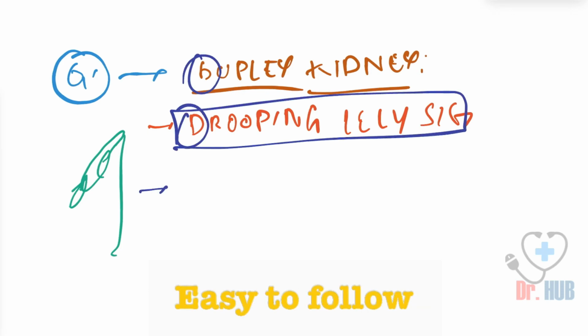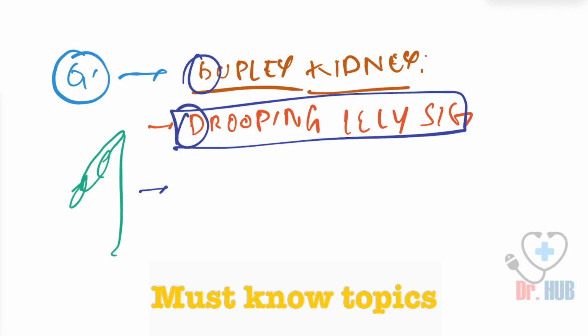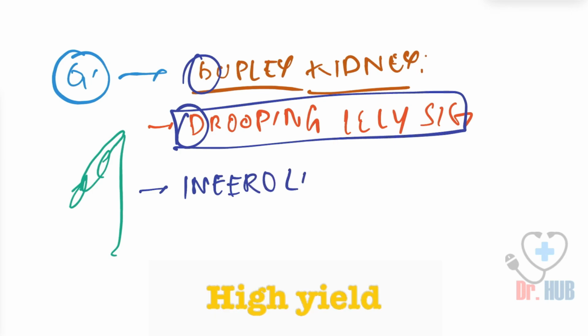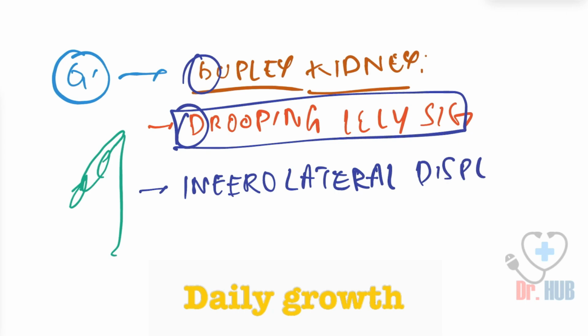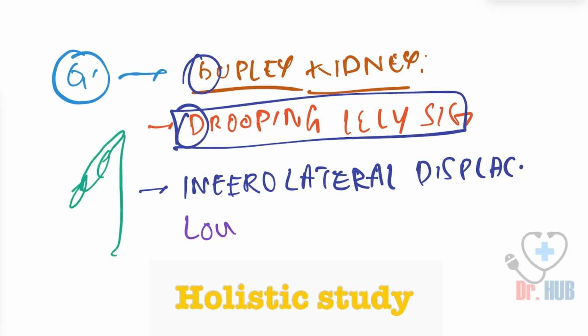D and D: D stands for the drooping lily, and it refers to the inferolateral displacement of the lower pole.